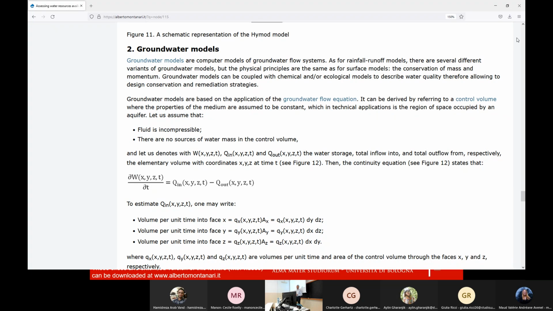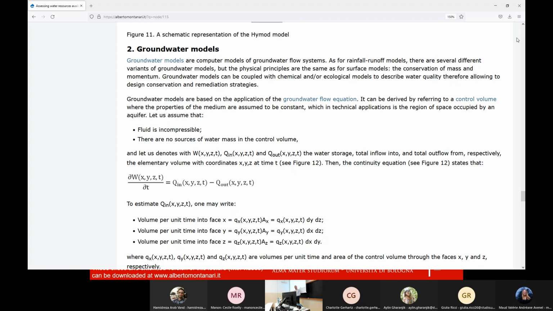We didn't talk about specific methods because for groundwater assessment, the techniques for inductive reasoning are less consolidated than the techniques for surface water, for this very simple reason that for surface water, we have a systematic monitoring that started a lot of time ago. We have long time series.